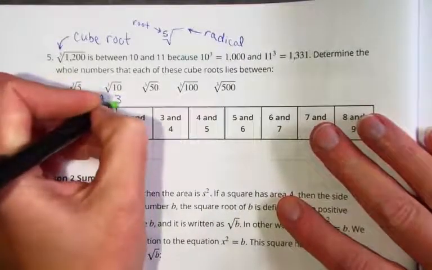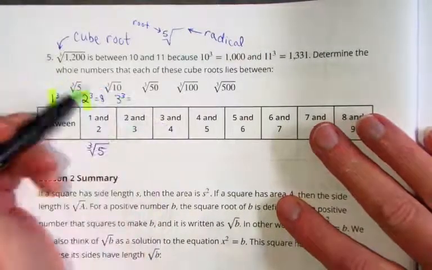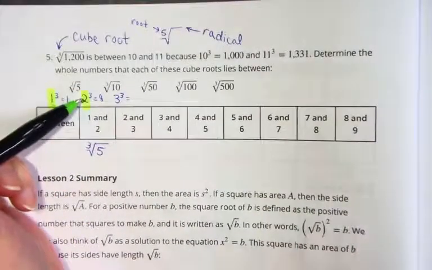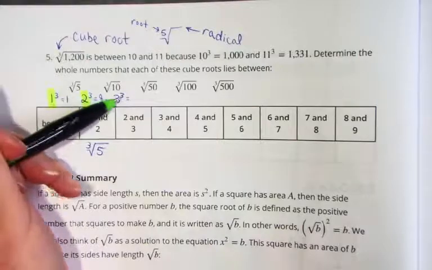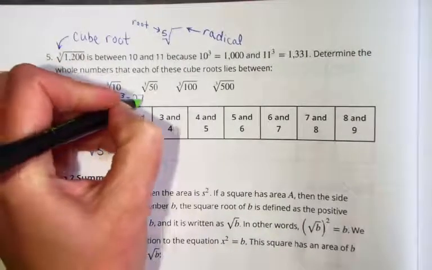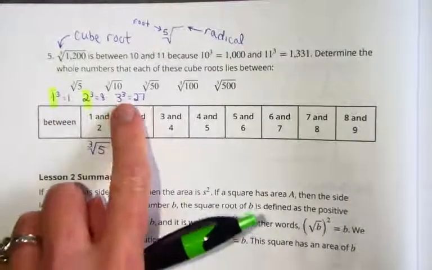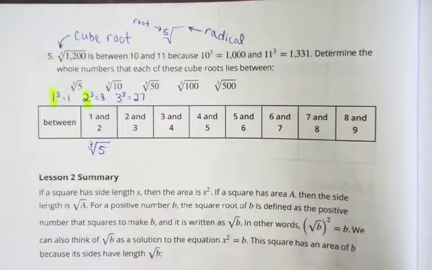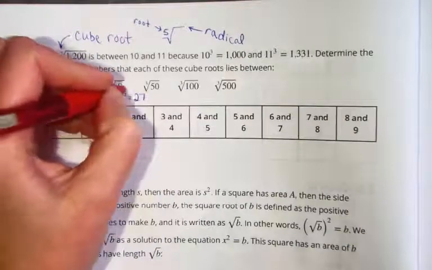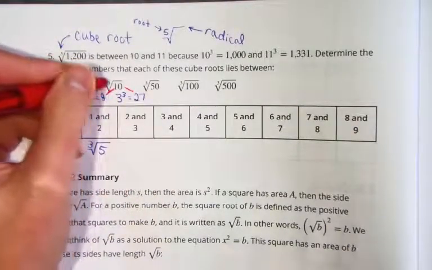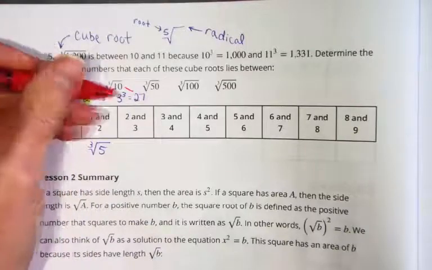I bet 3 to the 3rd is going to be much too big to get to 10, right? So 2 to the 3rd power is 8. 3 to the 3rd power is 27. Maybe you remember that because we just saw it on the previous page. And because 10 is between 8 and 27, that means the third root of 10 is between 2 and 3.